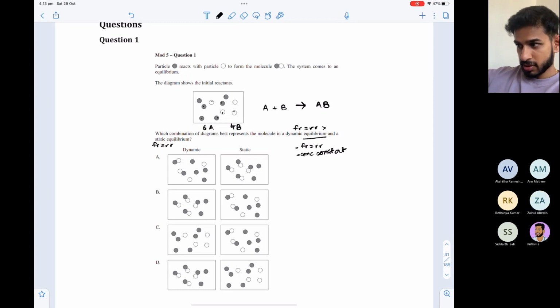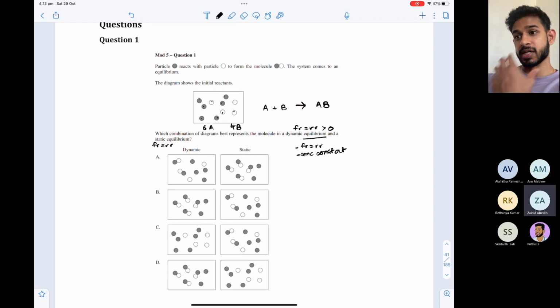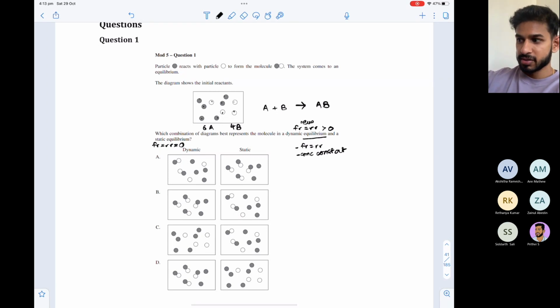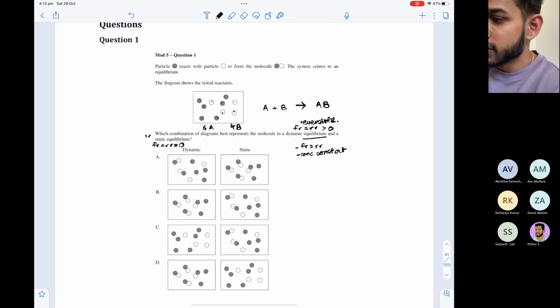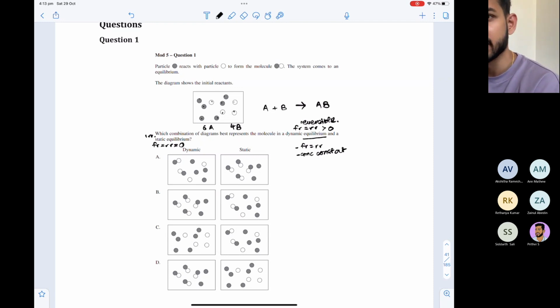Constant or equal? Equal and greater than 0, because that's what you're telling me when you're saying there's a forward and reverse reaction. In the case of static equilibrium, it's 0. The reason it's greater than 0 is because it's a reversible reaction and it's achieved that state of equilibrium, right? Good. And then this is an irreversible reaction. So very quickly just jotting those things down.